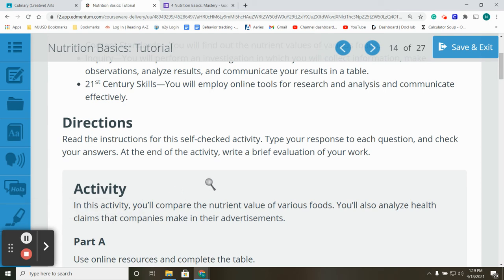So, for your creative art project, and this is a suggestion, any way that you want to illustrate nutritional information is fine.